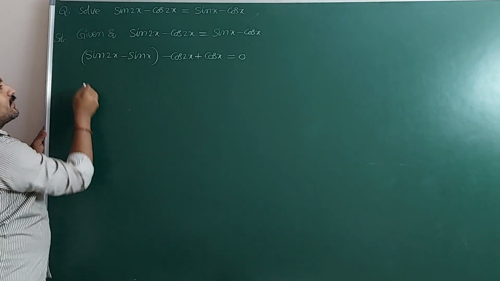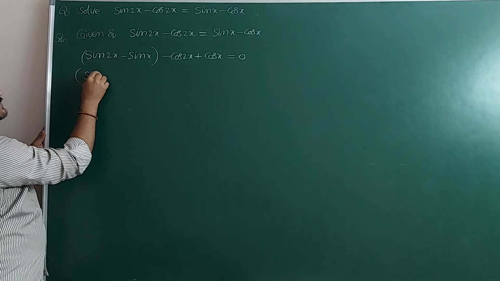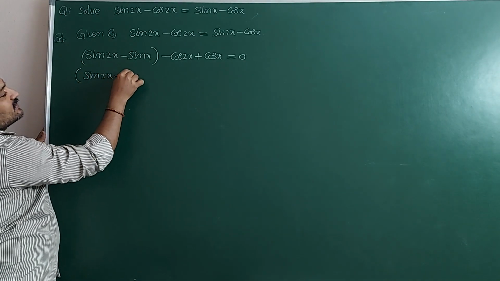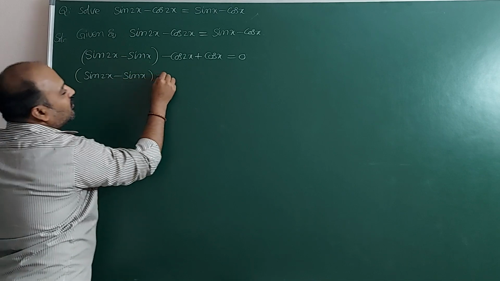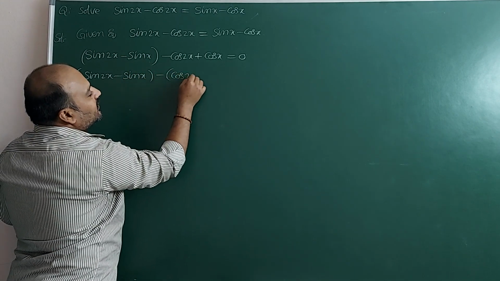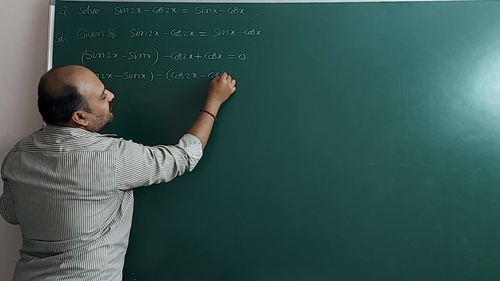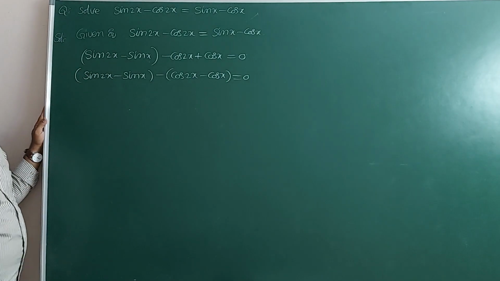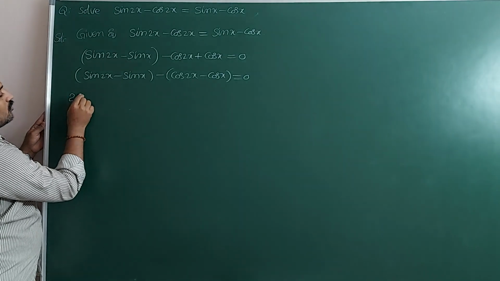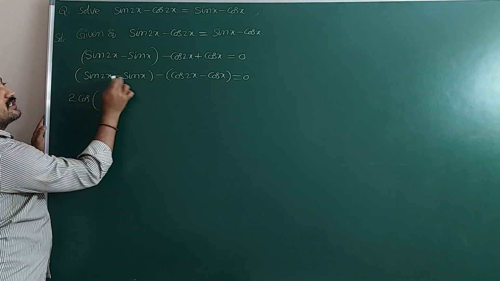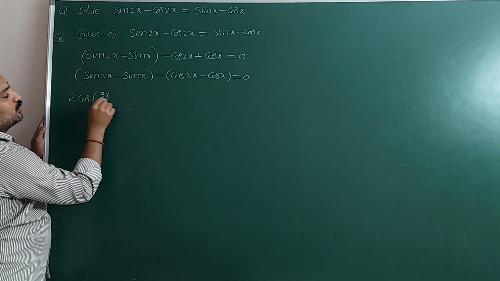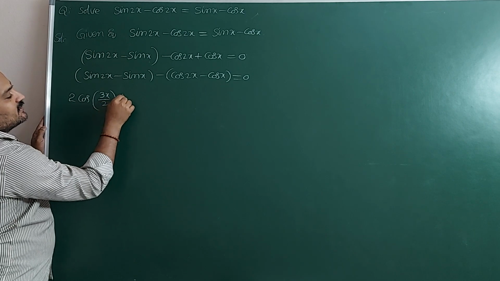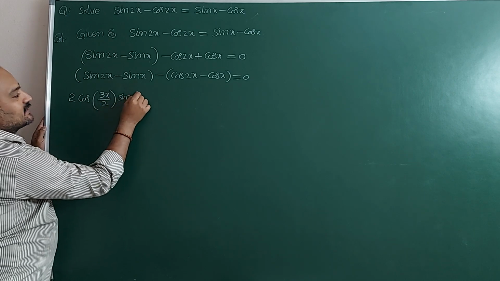In the next step, sin 2x minus sin x, minus take common, cos 2x minus cos x. Sin C minus sin D is 2 cos C plus D by 2, 2x plus x, 3x by 2, sin C minus D by 2, 2x minus x, x by 2.